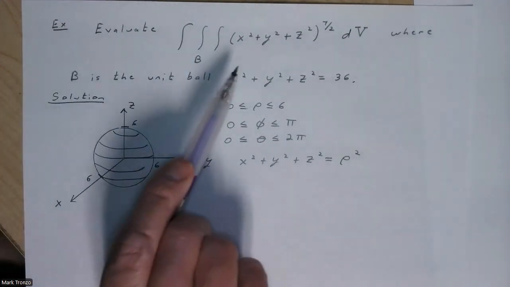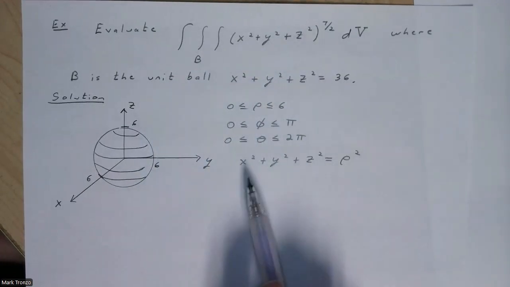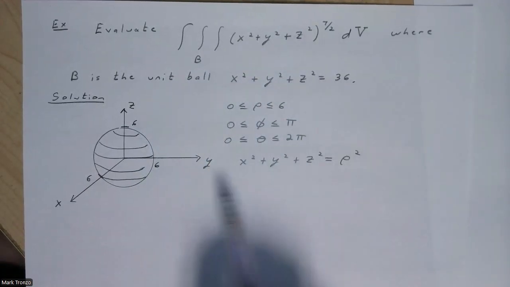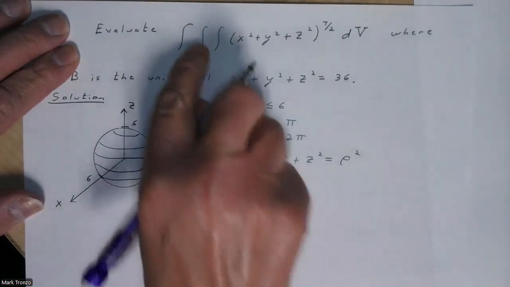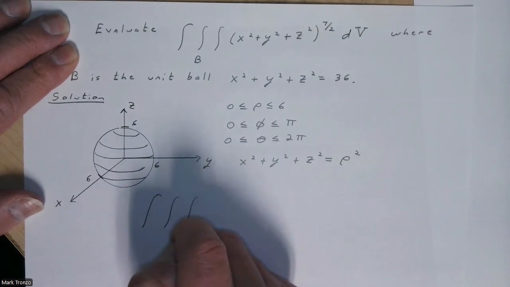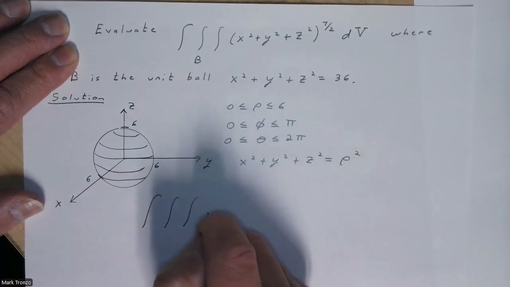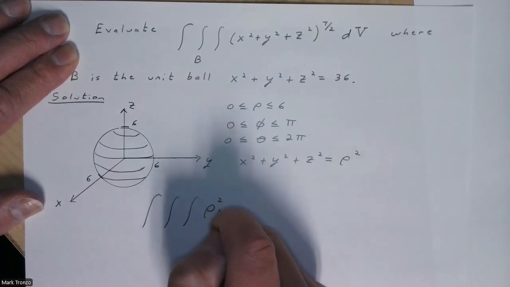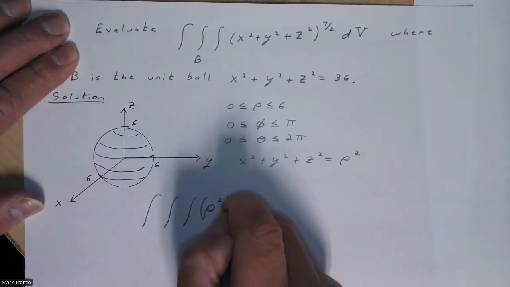Now, there's no x's or y's or z's just sitting out there by themselves, so this is going to be the only conversion we're actually going to need. And so let's substitute into our integral. For this, we're going to put rho squared, and that'll be to the 7/2 power.